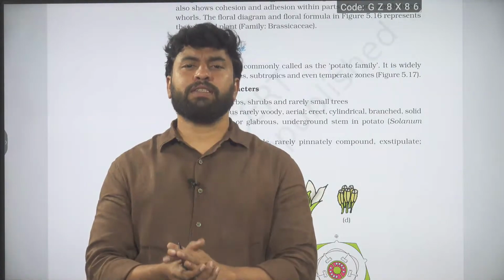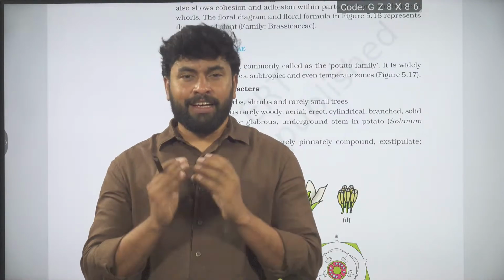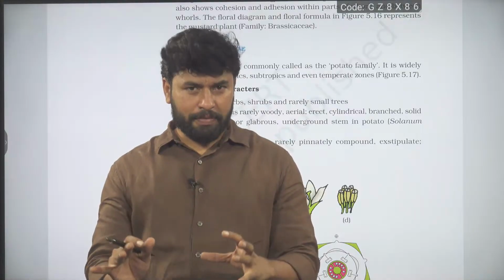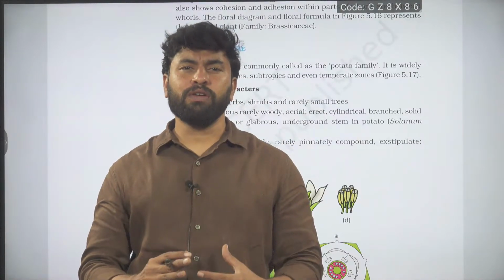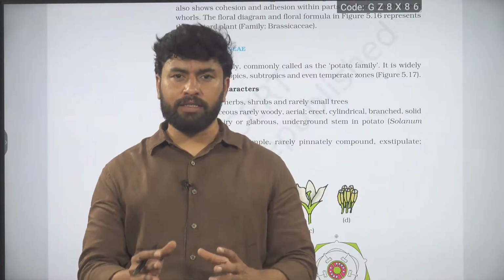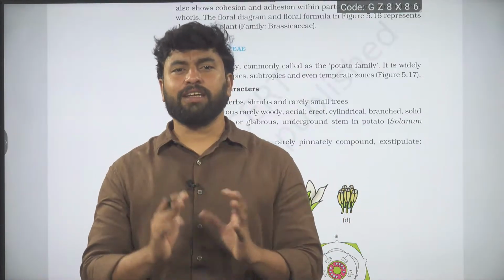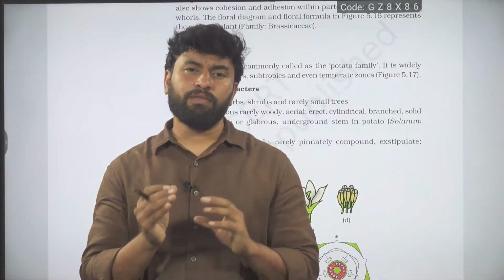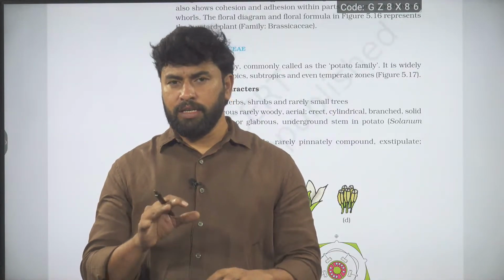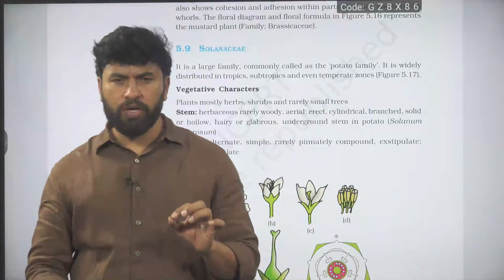One more family is there, the sunflower family, Asteraceae. Asteraceae is unique because this family has been described as the most advanced family among the dicots. Why it is the most advanced family, we will discuss later. But let us talk about the common examples we will discuss under monocot families. Among monocot families, the largest family is Poaceae.